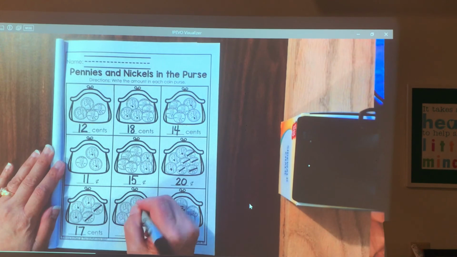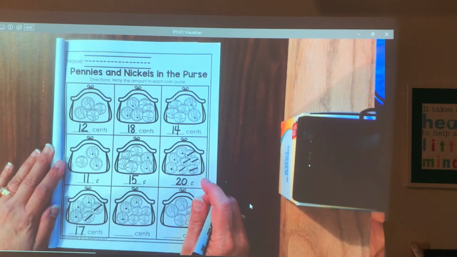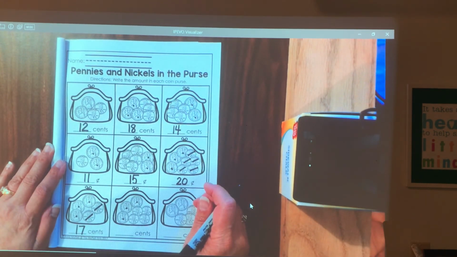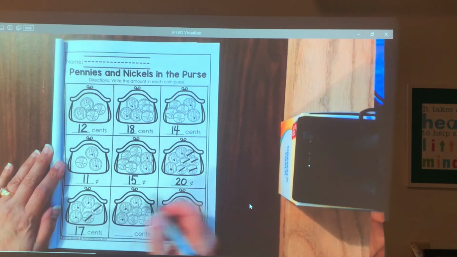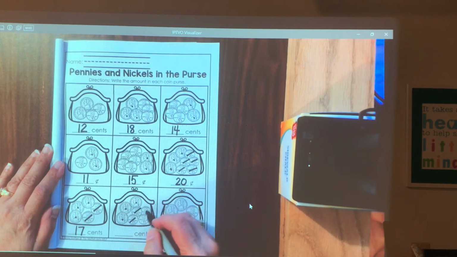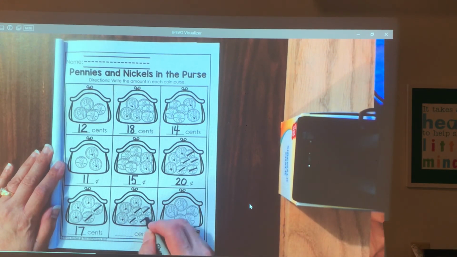All right, let's find the nickels. Ooh, we have 3 nickels again. All right, who's going to count by fives this time? You're going to count by fives? Okay. 5, 10, 15. One more makes 16. One more makes 17. One more makes 18. One more makes 19.